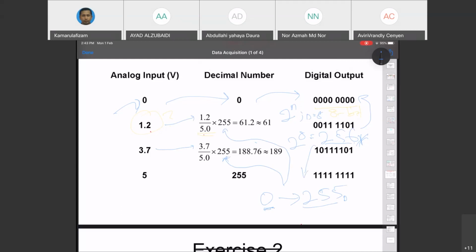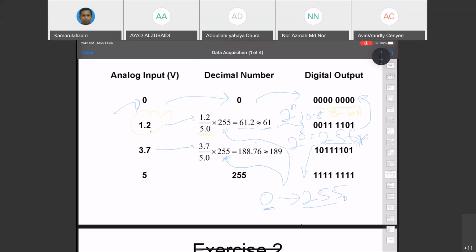And of course, when we run the formula, we get 61.2. The 0.2 is dropped, and you get only 61. So you have to convert 61 to digital form. For this purpose, you can use your scientific calculators to do the transformation.